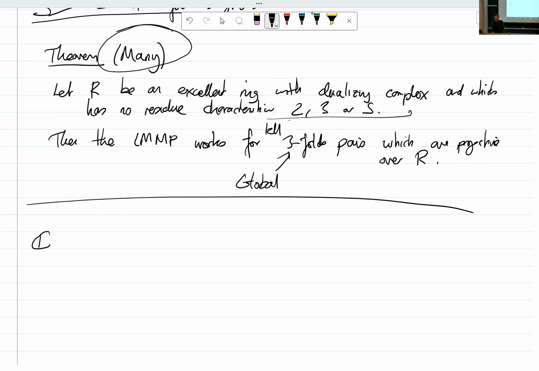For dimension 3 over the complex numbers, everything was formulated in the 80s by many people, including Professor Mori, Shokurov, Kollár, Kawamata, Reid, and many more contributions too.